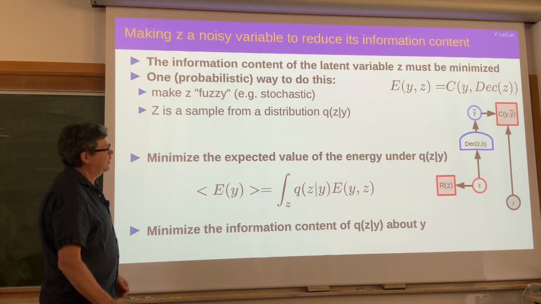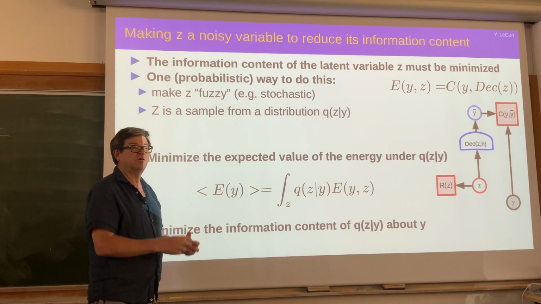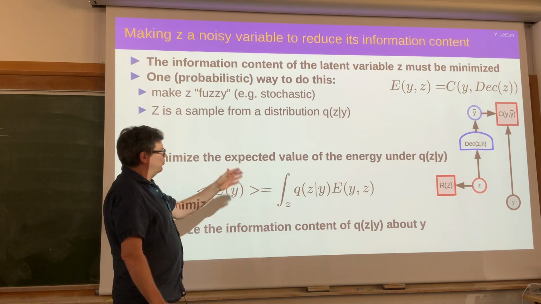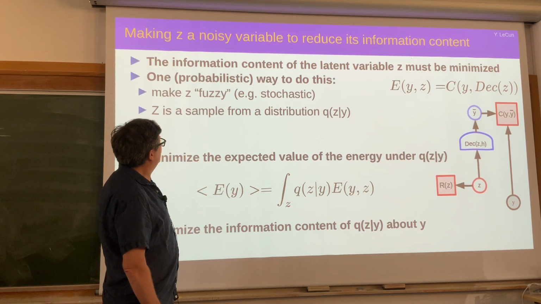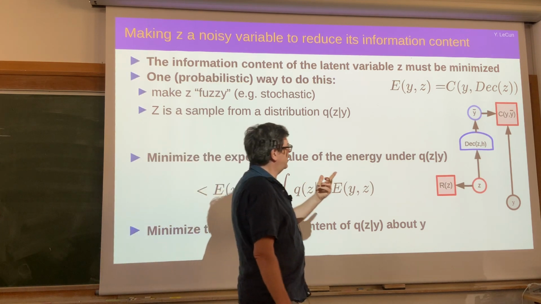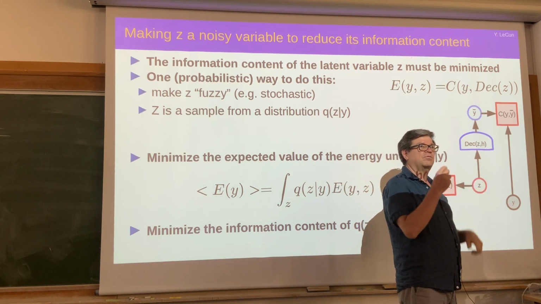Okay, so another way to regularize the latent variable is to make it fuzzy, make it stochastic. And this is where the math basically lines up with statistical physics. So let's imagine that Z now is not a single point, but a distribution.